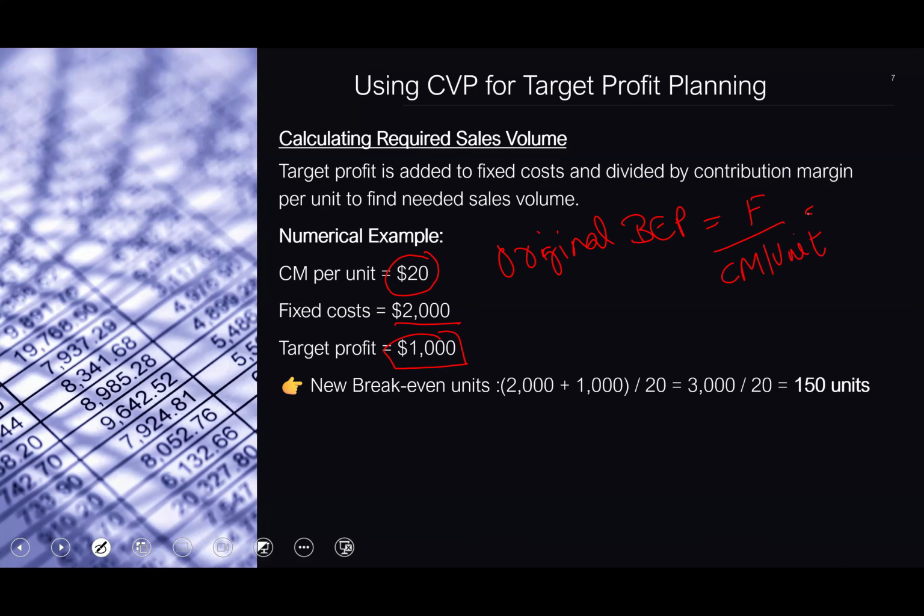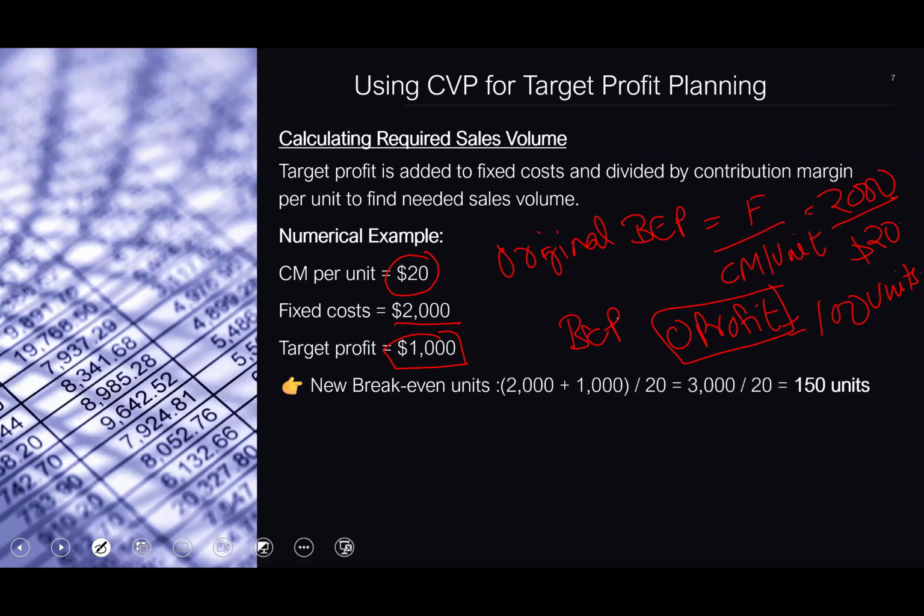Meaning, in order to cover $2,000 of fixed cost, and I get $20 of contribution margin from each unit, if I sell 100 units, as I showed you before, I have zero profit, which is my break-even point currently.